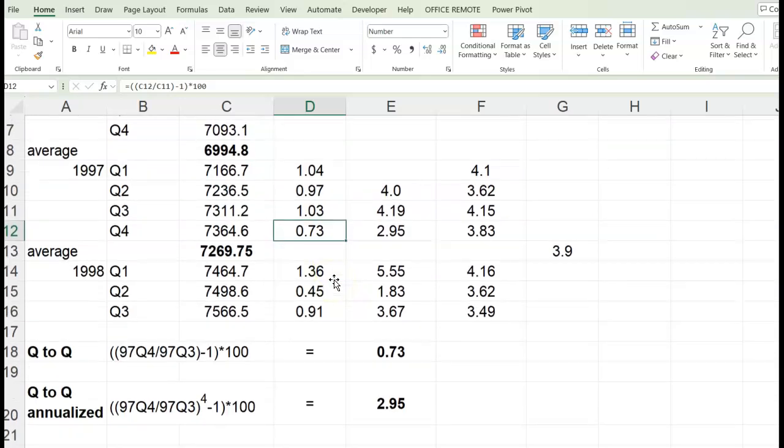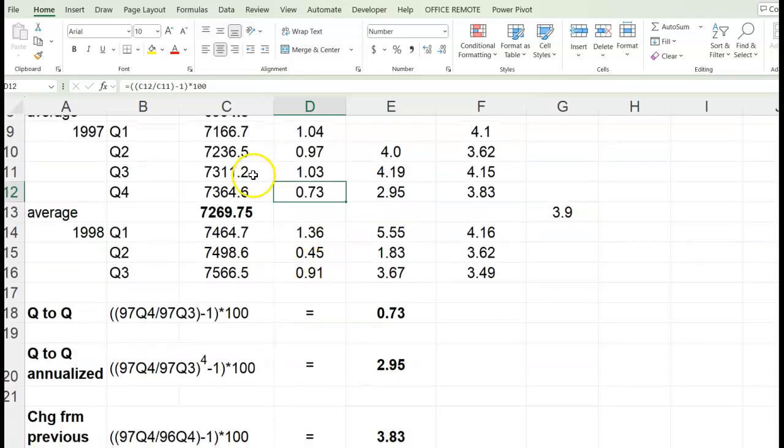Well, the way we do that is we take the quarter to quarter percent change, just like we did here. But before we subtract 1 and multiply by 100, we raise it to the fourth power. So it's going to be this number divided by this number. But before we subtract 1, we're going to raise it to the fourth power.